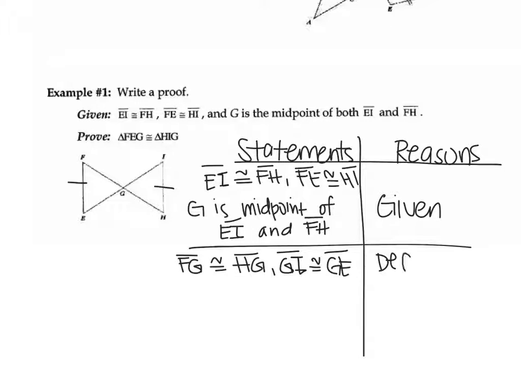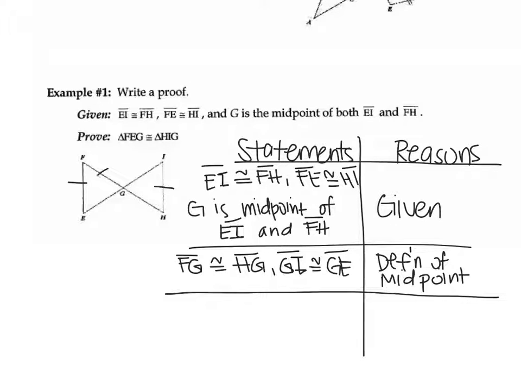That would be because of the definition of midpoint, and because I knew that EI and FH were congruent, it also means that all of these segments are congruent as well.